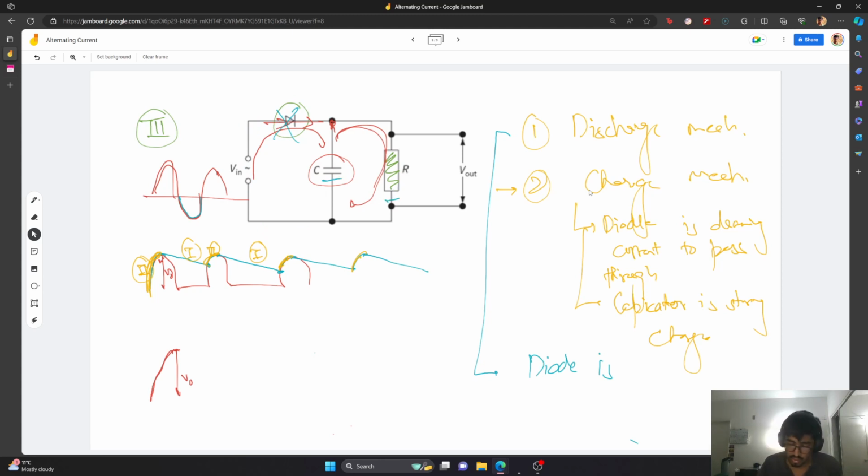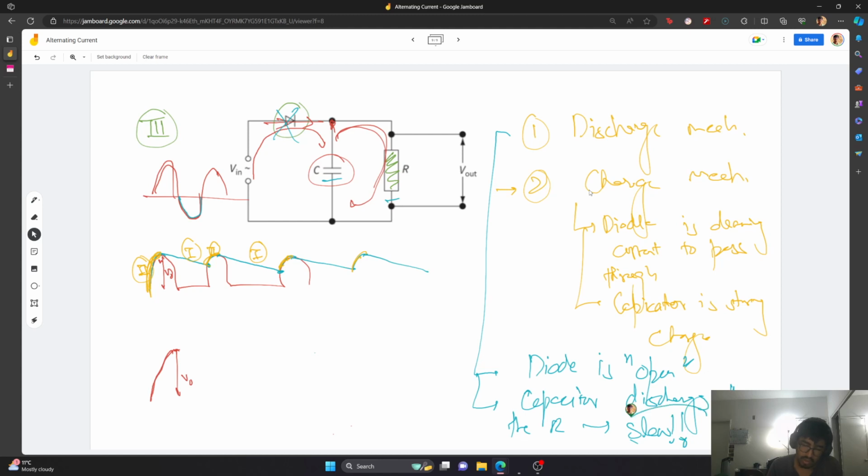So the diode is open, and the capacitor discharges through the resistor. But this discharge is very slow, so it is only slowly reducing, and because of this, it comes back alive after some time.